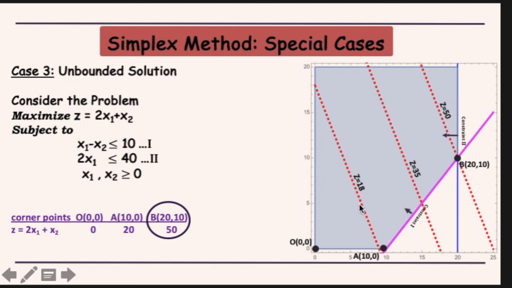Now here since it is an unbounded feasible region, I have drawn these three red z lines corresponding to z equals 18, 35 and 50, and you can see that if you move this z line parallelly in the increasing direction of z, you would still remain in the feasible region.